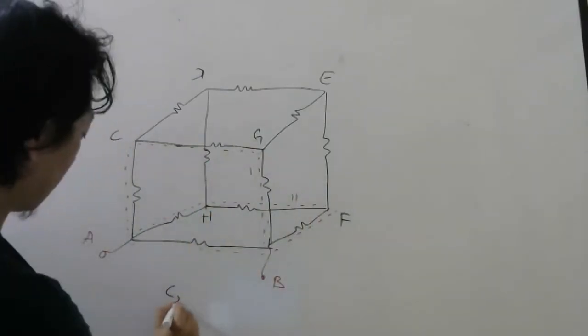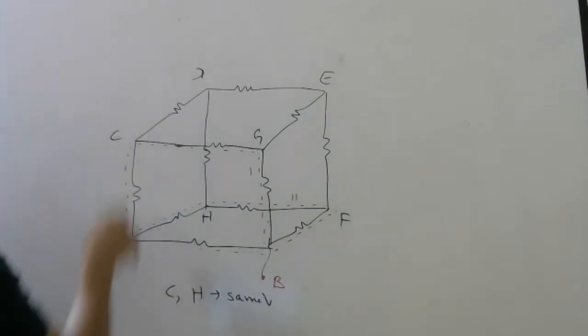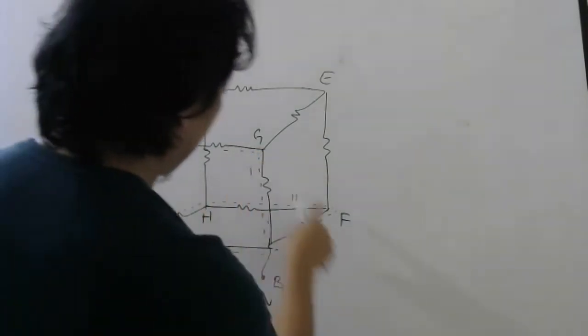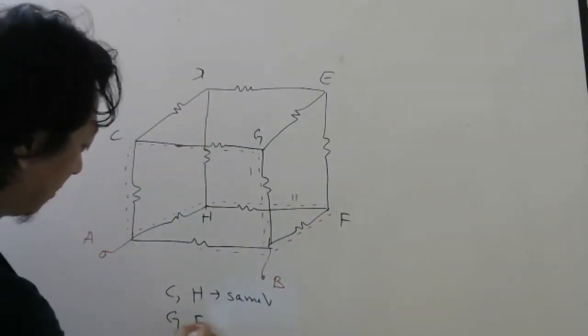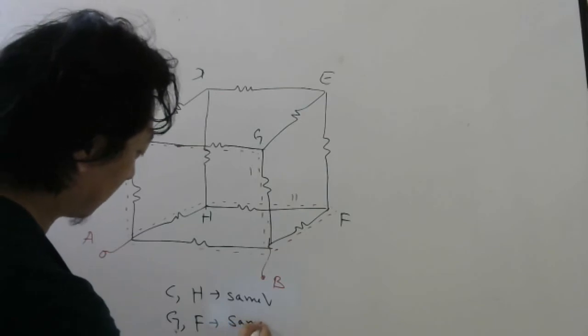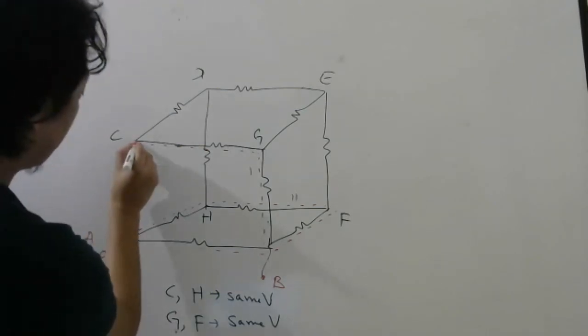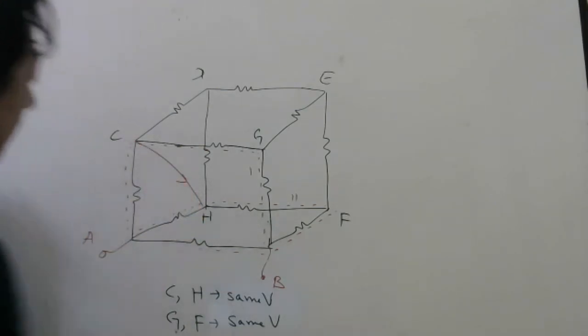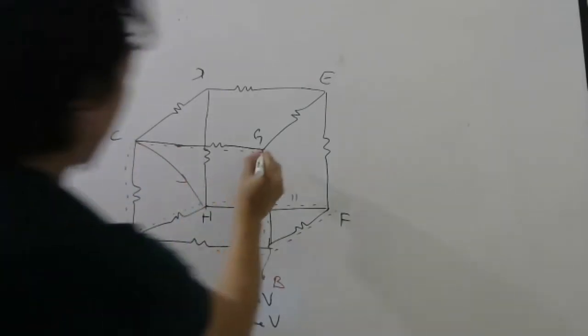So C comma H will be at the same potential. Similarly, G and F, the opposite points will be at the same potential. So what that simply means is you can smash this here, you can put this there, and you can smash this here.